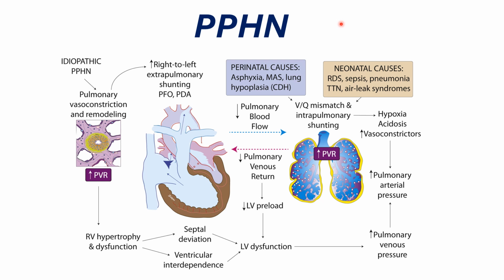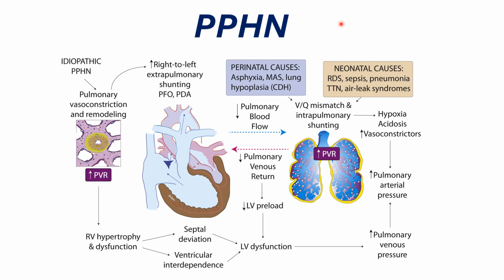Now, the clinical features of PPHN: the onset is typically within 12 hours of life, and there is tachypnea, grunting, nasal flaring, and cyanosis, which often is pretty severe and refractory to oxygen.